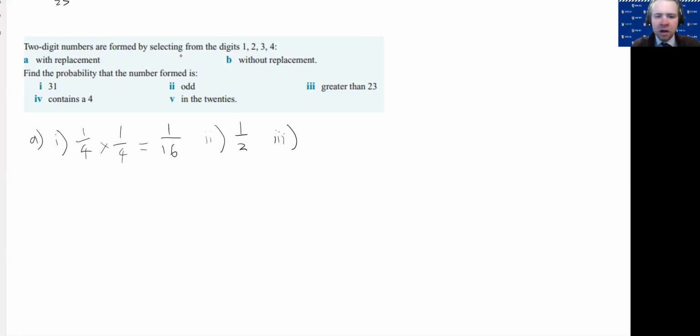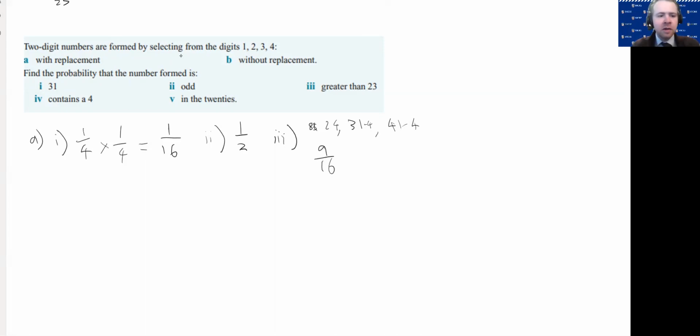And the ones that work, we could get 24, or then the 31 to 34. So there's 5 options so far, and then 41 to 44. So that means there's 9 options out of 16 that work here. So for this one, 9 out of 16 is going to be our probability.